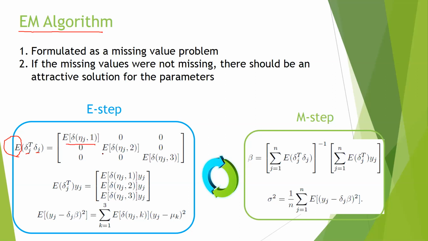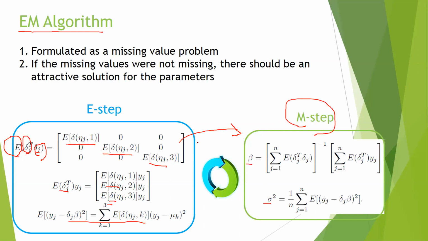At each iterative step, if we can calculate the expectation of this delta or delta square, then in the next step, we can treat this as a complete data problem and use the M step to find the MLE for the parameters.